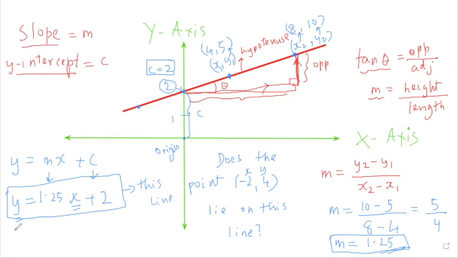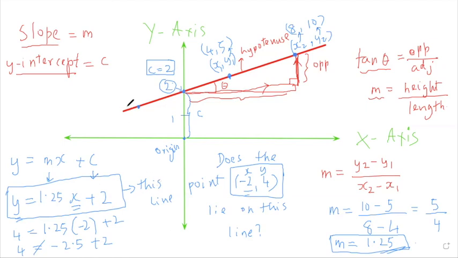Okay. So y is 4 is equal to 1.25 into x is minus 2, okay, plus 2. So 4, check and see, 4 is equal to minus 2.5 plus 2. So that doesn't seem to be equal, right? It's not equal to. Therefore, this point does not lie on the line which satisfies the equation y is equal to 1.25x plus 2.